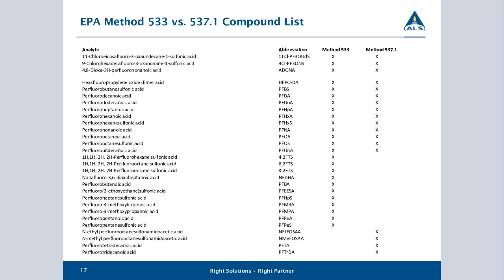If you run the 537.1 method, you're going to miss that gap in the middle. So which method is to be analyzed is, well, what's your compound list? Just specifically talking about these two methodologies. So to capture all of these compounds, you may need to run both 533 and 537.1.